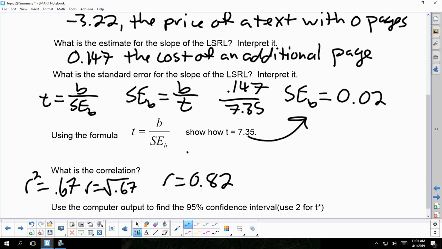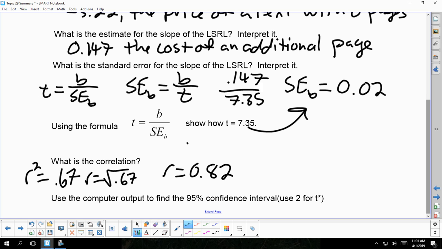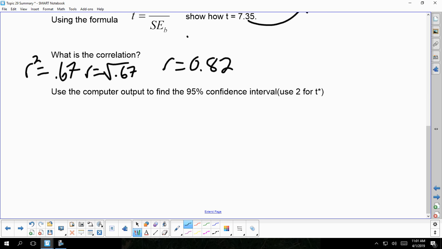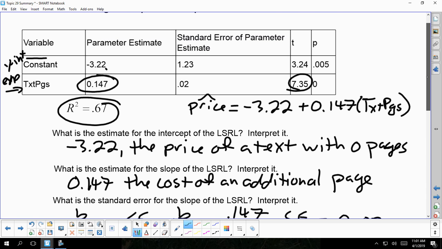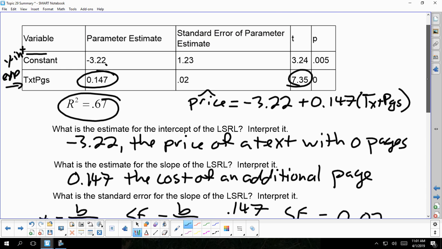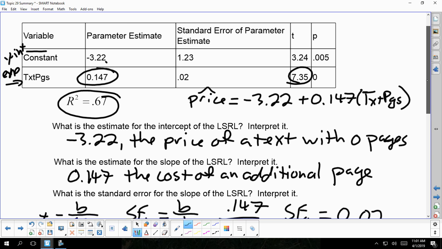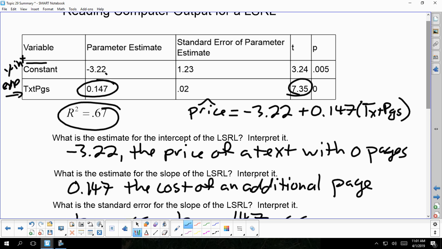And then lastly, our 95% confidence interval. We would need one more additional piece of information. Actually, we can use the standard error right here, 0.02.